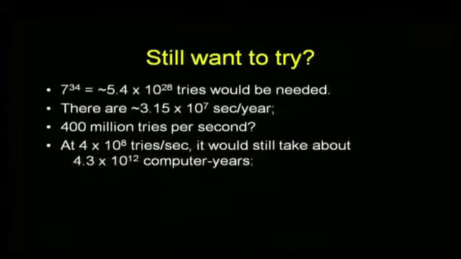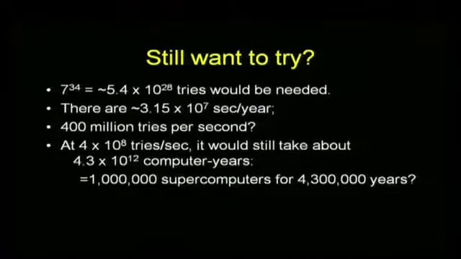How long would it have to work? It still would have to work over 4 times 10 to the 12th computer years. In other words, if I had 1 million of these supercomputers, it still would take over 4 million years. I think it's clear that this is not something that could happen by randomness. And this was only with 34.